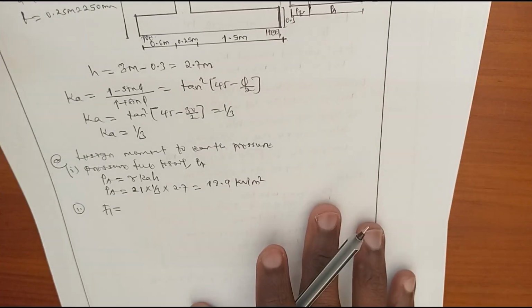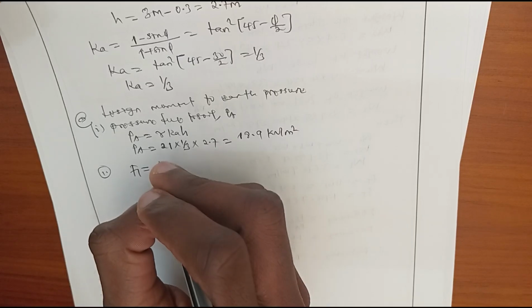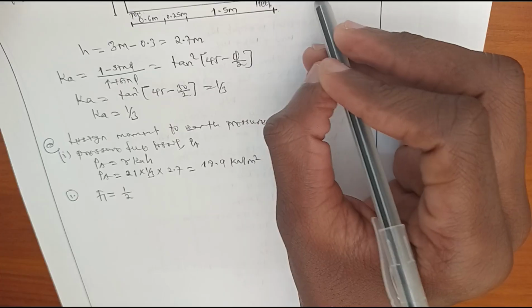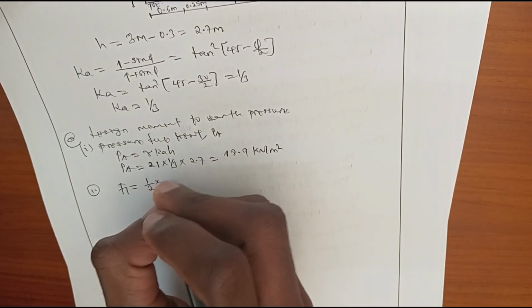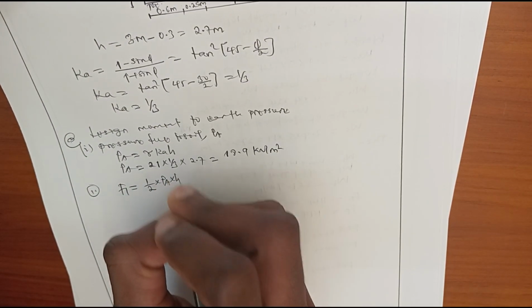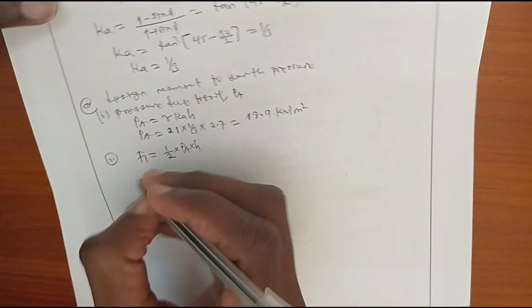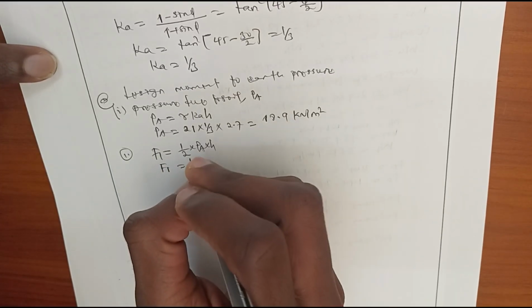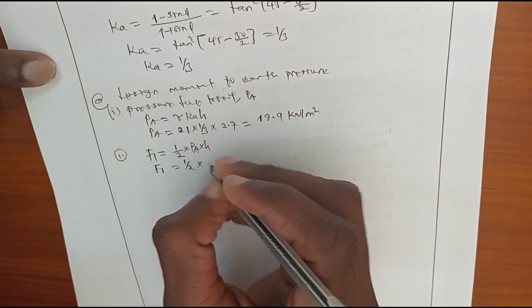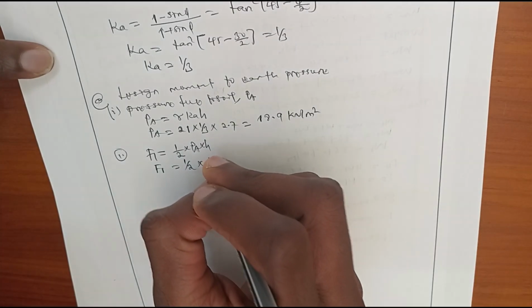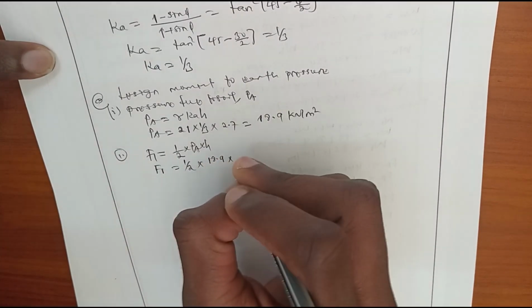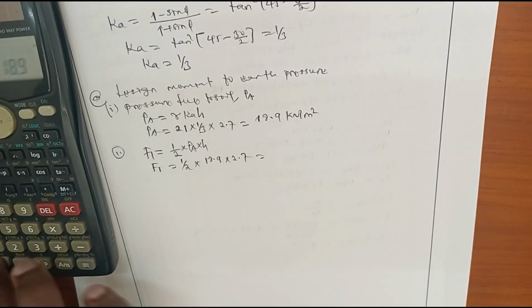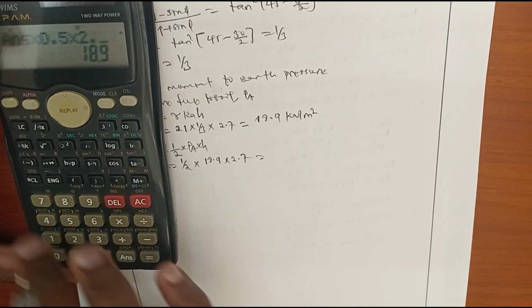So the area of a triangle is obtained by taking a half times base times height, where the base is active pressure and the height is the height of steam. So horizontal force, which is force 1, will be equal to a half times pressure due to the soil, which is 18.9, times h, which is 2.7, times 0.5 times 2.7.